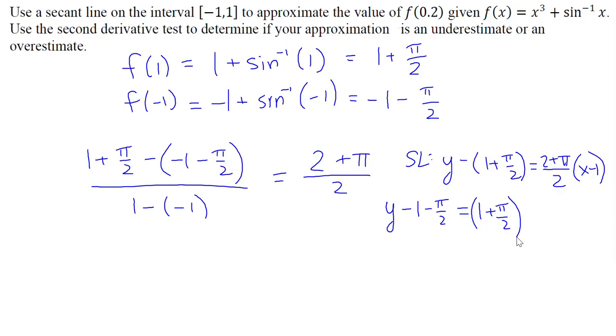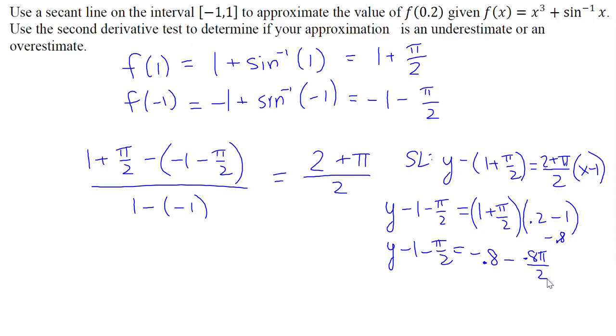And then I'm going to multiply that by my 0.2 minus 1. So we've now got y minus 1 minus pi over 2 is equal to, that becomes a negative 0.8, right? So when I distribute the negative 0.8 here to the 1, I get negative 0.8. And when I distribute it to the pi over 2, I get negative 0.8 pi over 2.